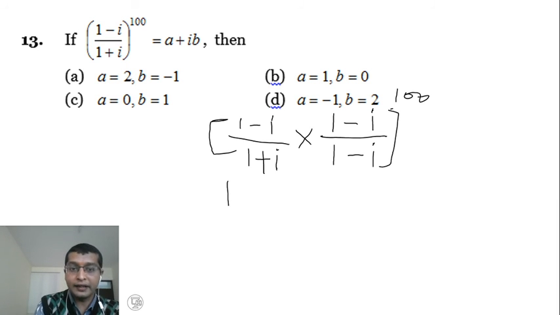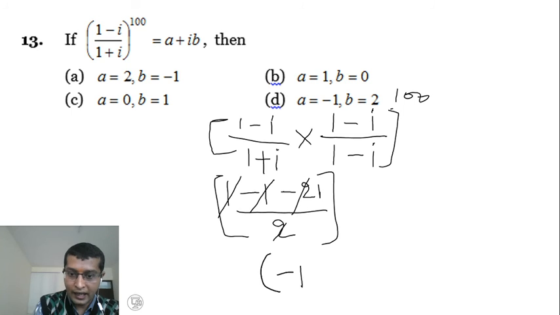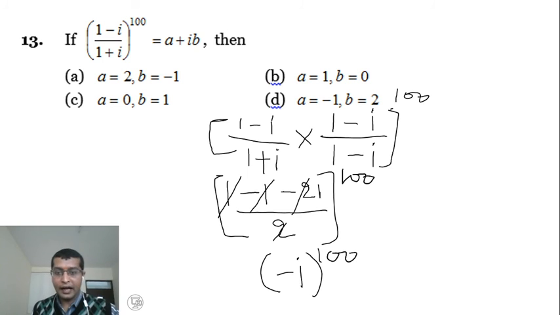So it is a square plus b square, that is 1 - 2i - 1, divided by (a + b)(a - b), a square minus b square, 1 + 1, we get 2. Now the 2s cancel, so we get (-i) raised to 100. Further, the RHS part is a + ib.